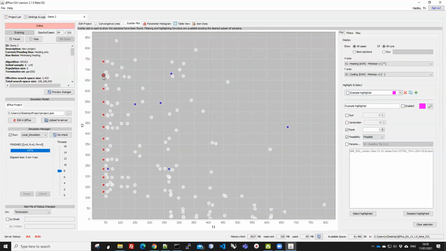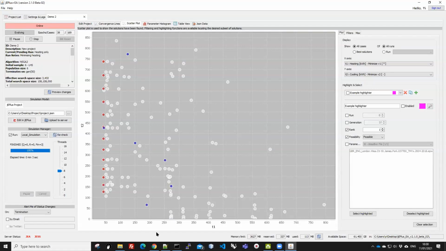And you can see it has found another set of best solutions already, and it's on a fairly regular basis, isn't it? And they all have the same heating value, but T2, if you look at it, is the annual cooling value. So it can have different annual cooling consumptions, but they all have the same annual heating consumption.